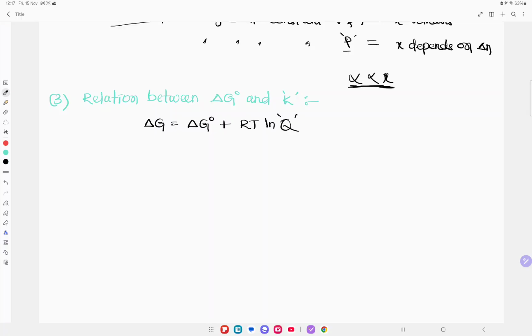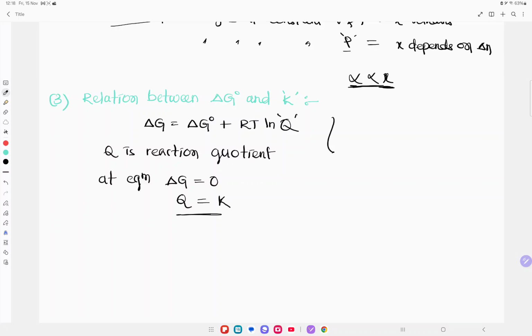K is the equilibrium constant. So at equilibrium, delta G is equal to 0 and Q is equal to K.